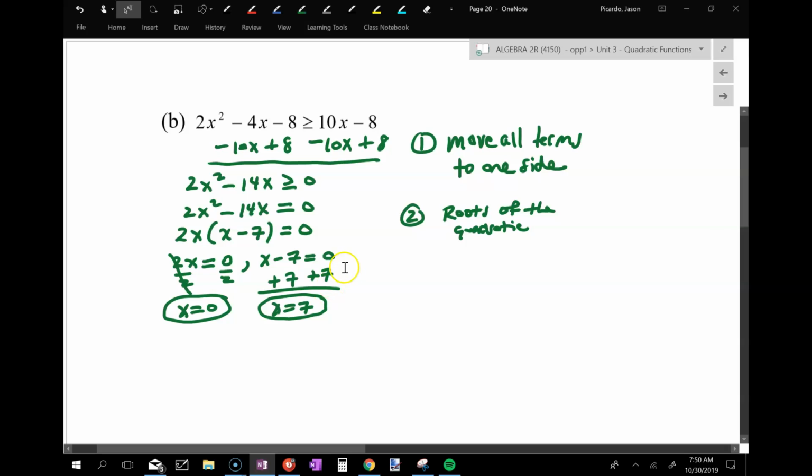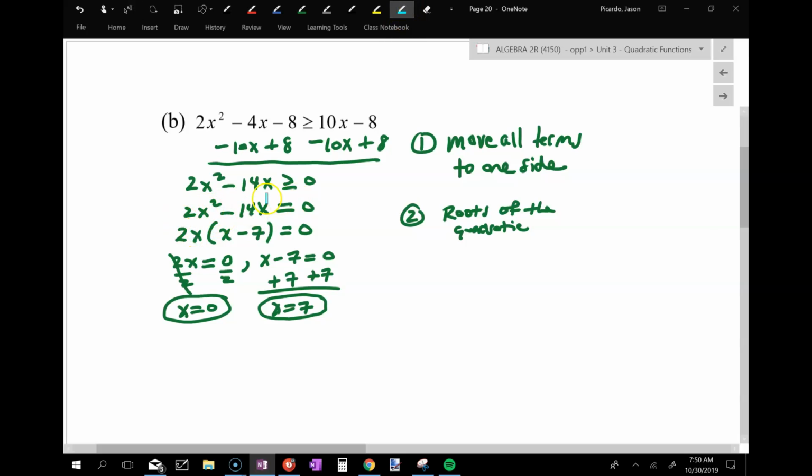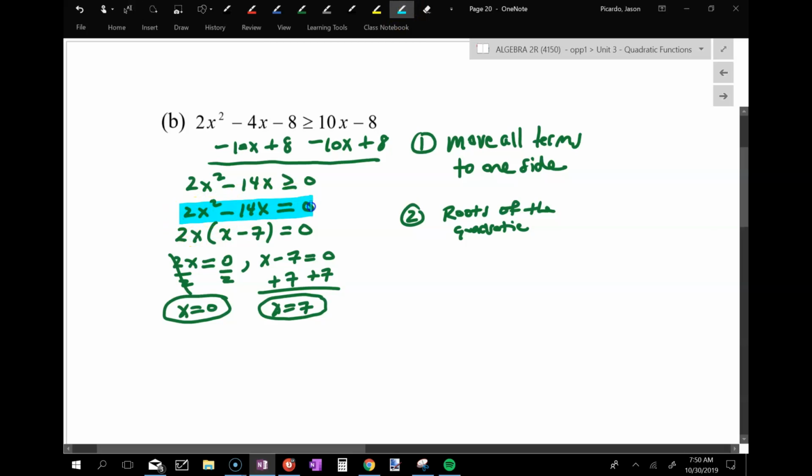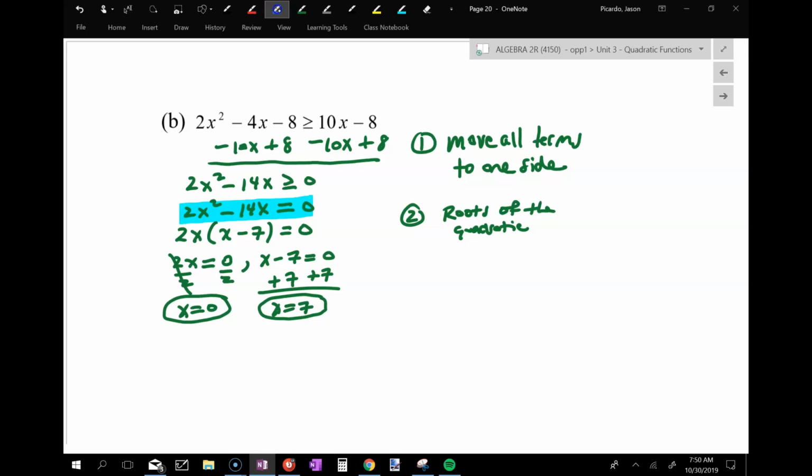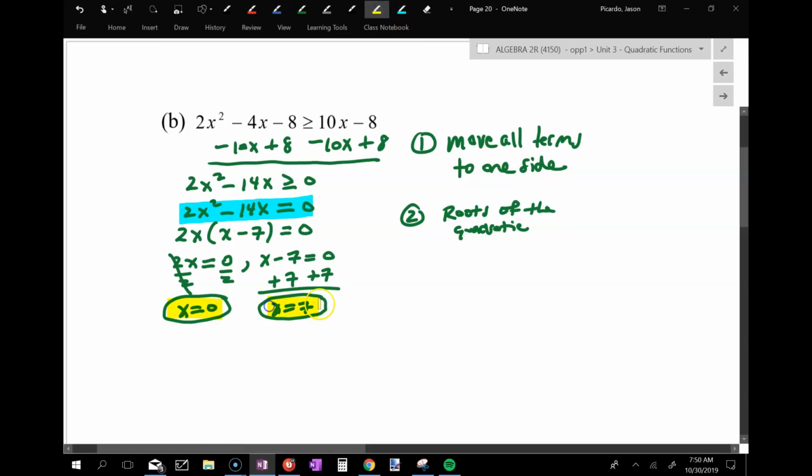Now, guys, really quick question. When I look at this, happy or sad parabola? Definitely a happy parabola, right? With roots of 0 and 7, right?